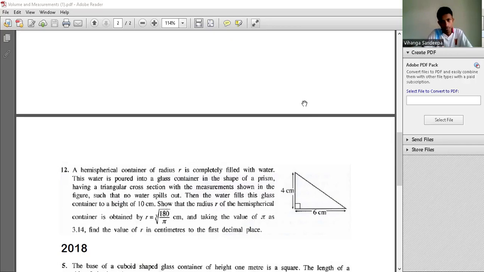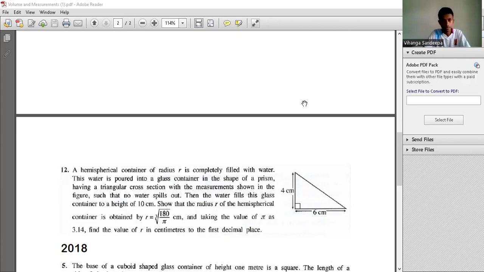Then the water fills this glass container to a height of 10 centimeters. Show that the radius of the hemispherical container is obtained by the given expression, and taking the value of pi as 3.14, find the value of r in centimeters to the first decimal place.